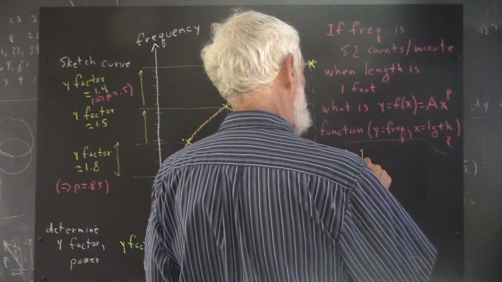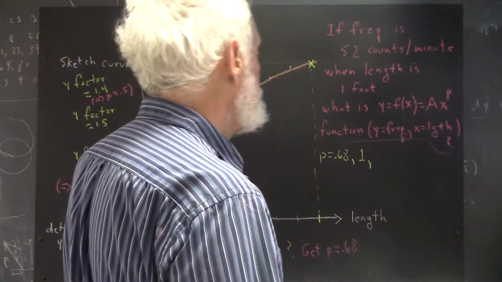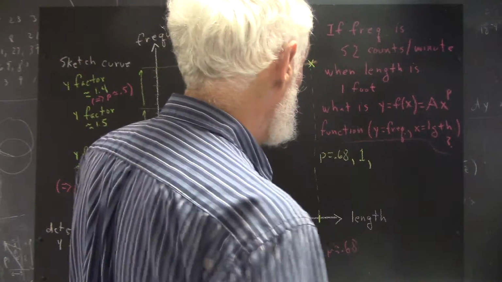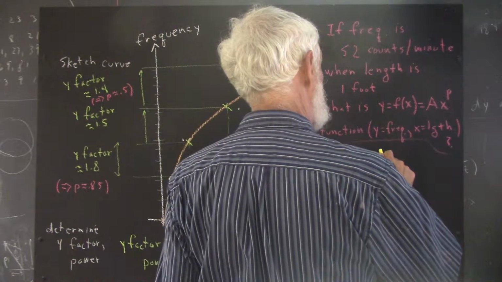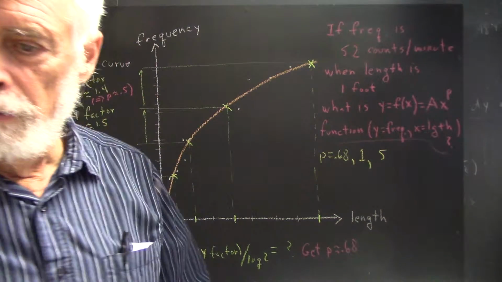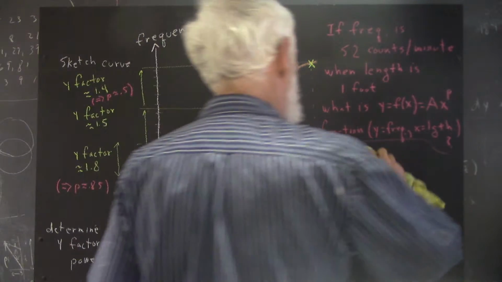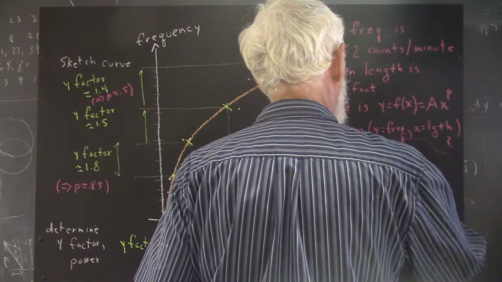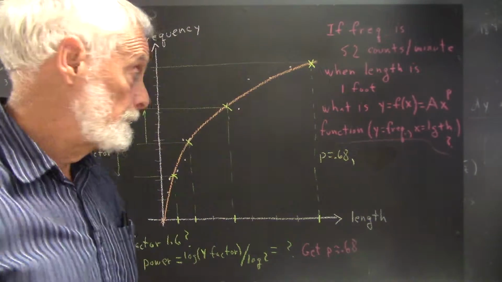We're just going to understand that x is in feet and y is in counts per minute, or cycles per minute if you prefer, which is actually more standard. I wrote 1 and 52, and I needed to write x equals 1 and y equals 52, so let me correct that.